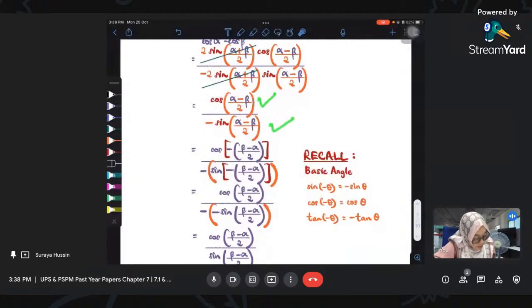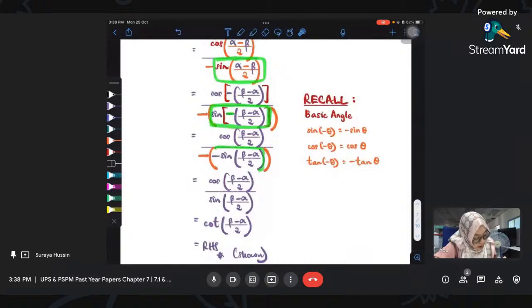Okay, so the negative outside, maybe I should use orange color. So I put the negative bracket in orange color. I put a very big bracket here because I want to focus on what I need to change inside only. So changing only inside, I'm going to get this. Yeah, this is what I'll get because I'm just bringing the negative outside. And then here I know by applying the basic angle for sine, if it has a negative inside, the negative will disappear.